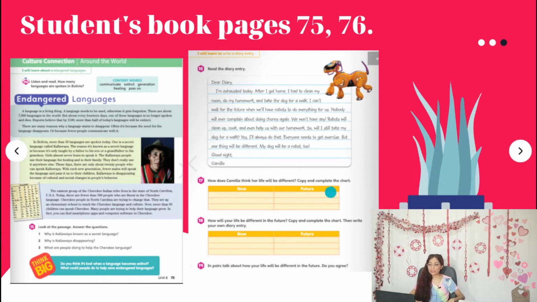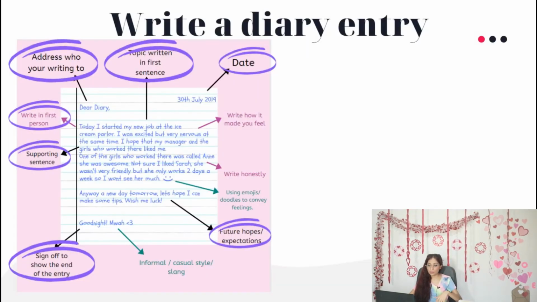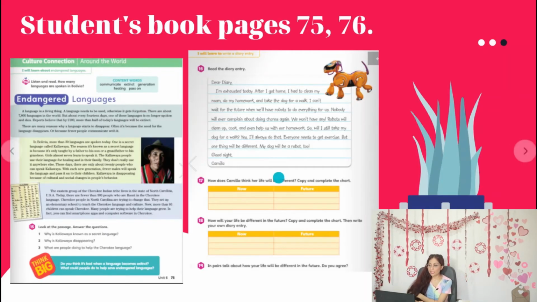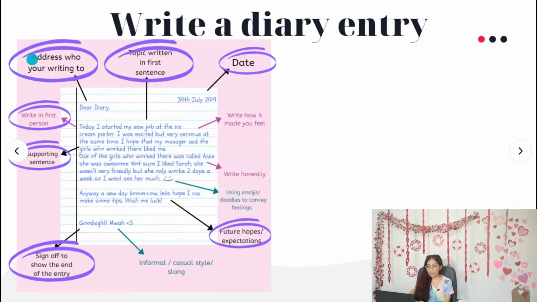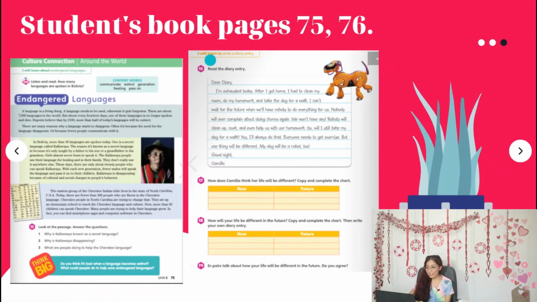If you could notice similarities from the example that I showed you before, in this one you can see that she didn't write the date, but she did write who you are writing to. In this case, dear diary.